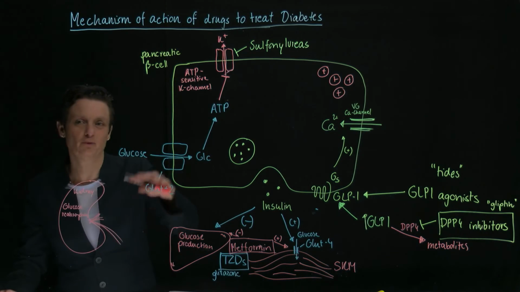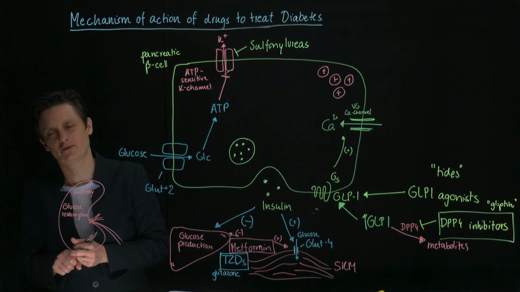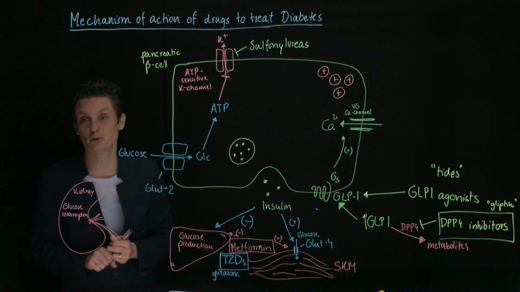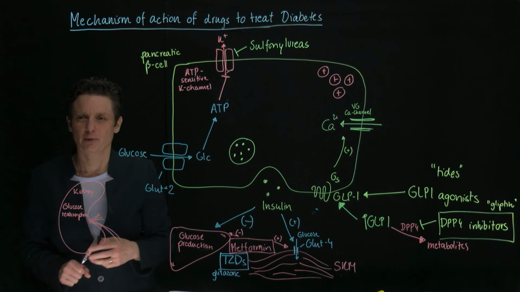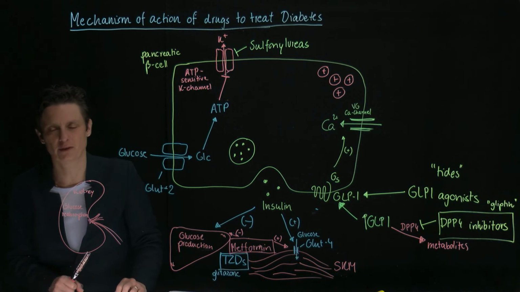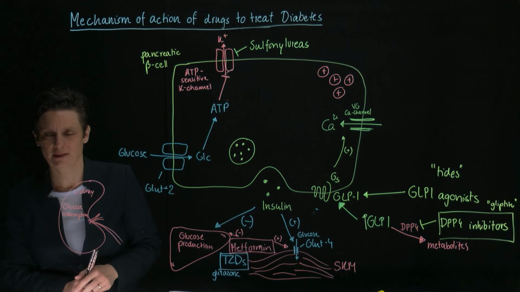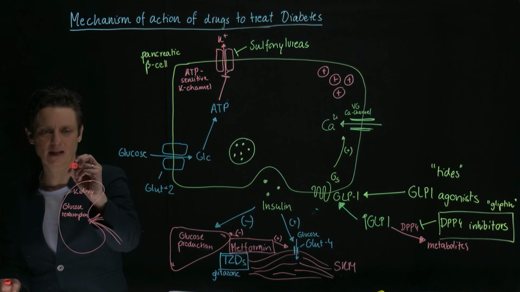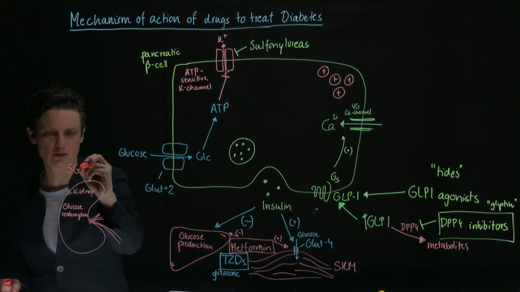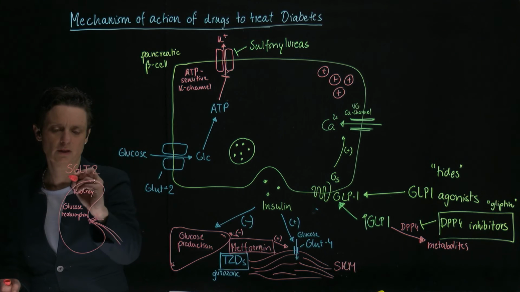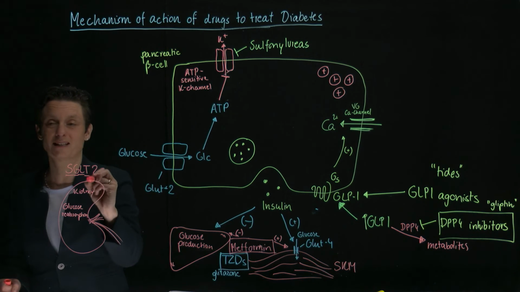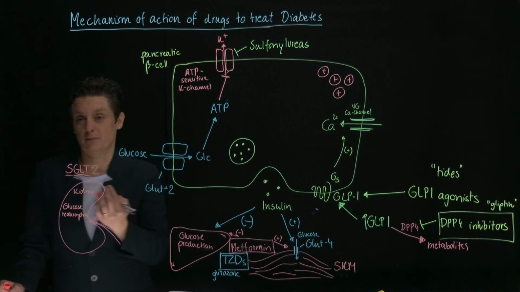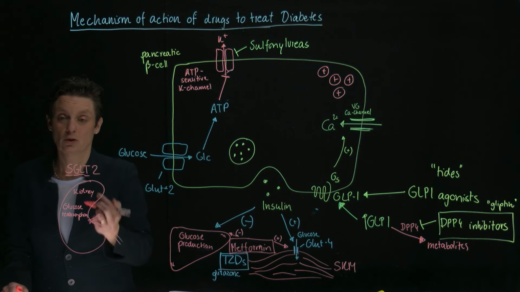Now, in order to put in one more drug class on this favorite figure, we have to now also consider the kidney. We know that the kidney also influences our glucose levels, and we reabsorb glucose in the kidney via a transporter called SGLT2. This is the sodium glucose transporter, and it takes back sodium with glucose.